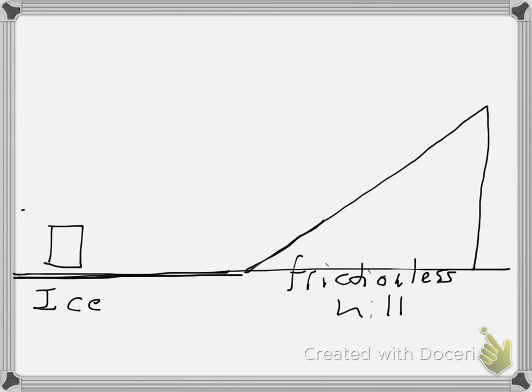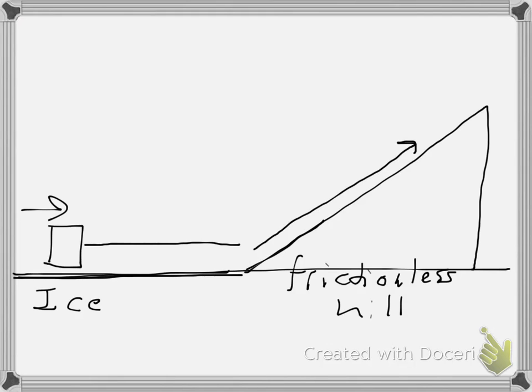You give it a nice shove, and the box will not slow down because the surface is frictionless. Or you can think of a hockey puck, and it will move along until it hits the hill, and then it'll move up. And it'll move up until all of its kinetic energy has been converted to potential energy.